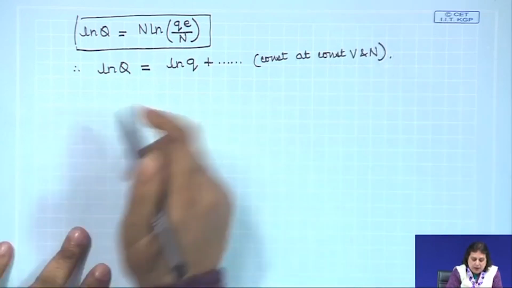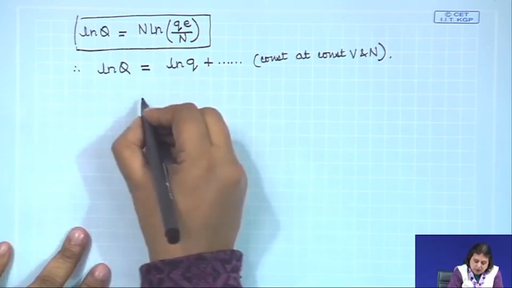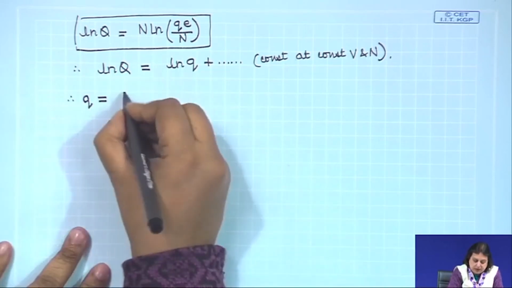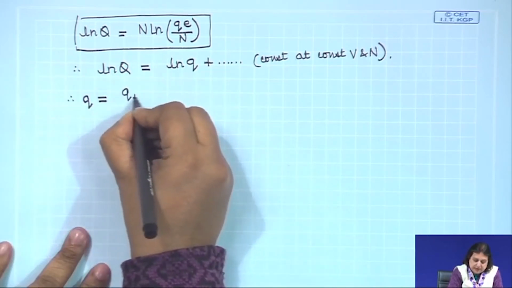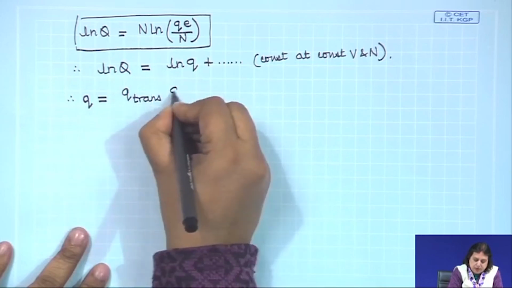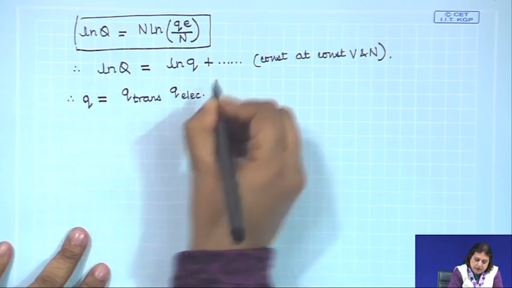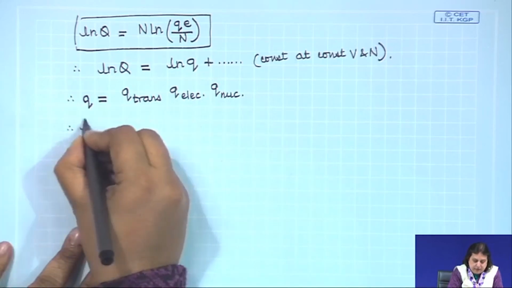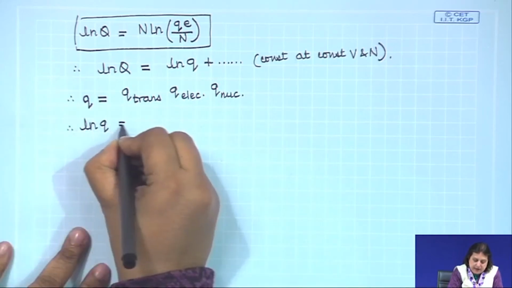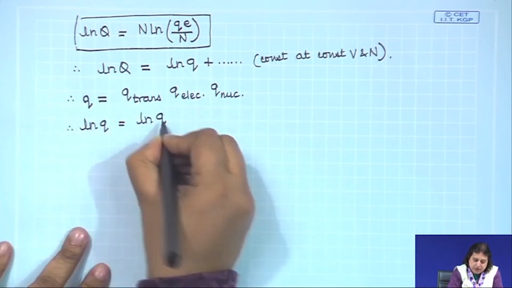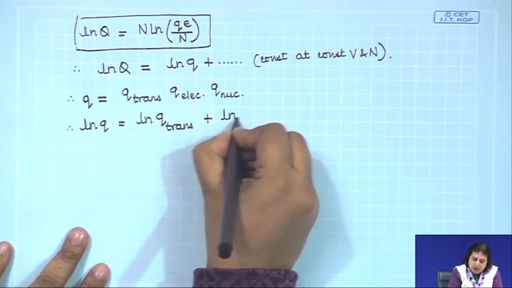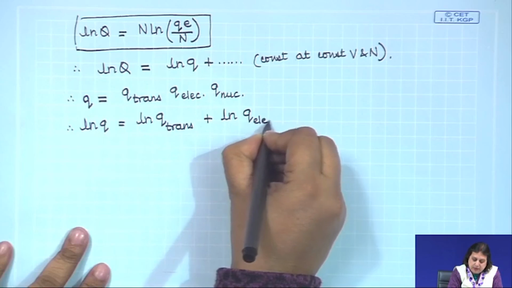Now, let us have a look at what small q is. Small q is equal to q trans into q electronic into q nuclear. Therefore, ln small q will have additive contributions from these three terms because it is the log quantity that I am looking at.